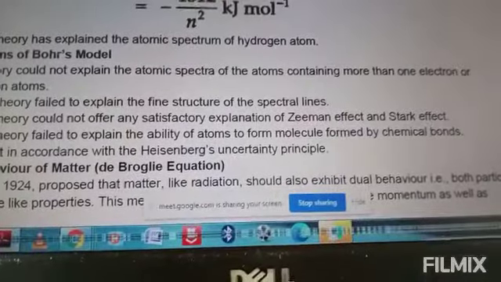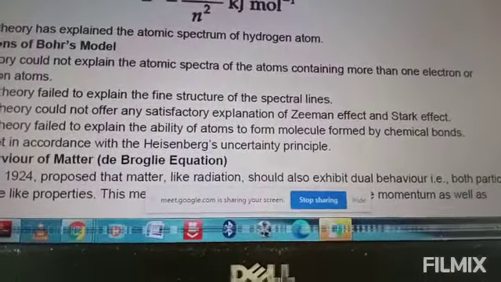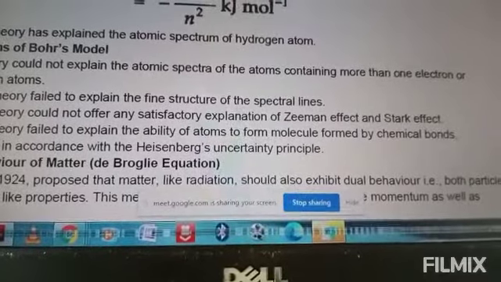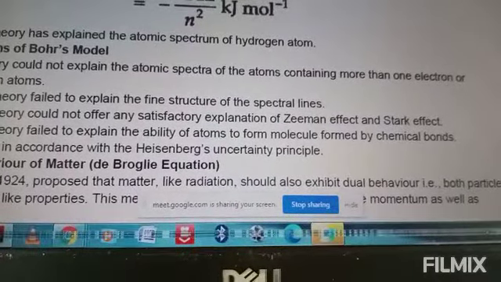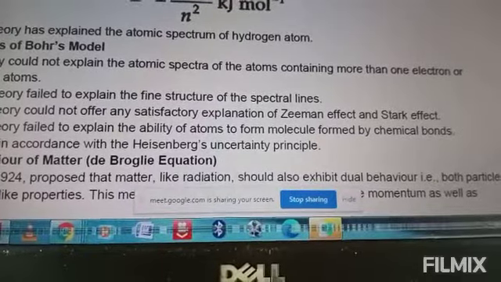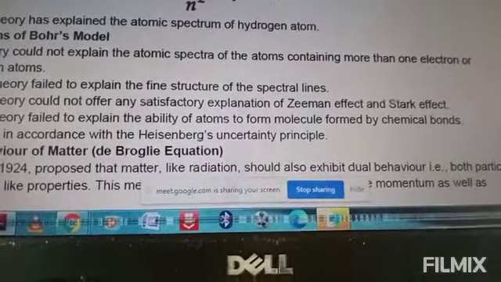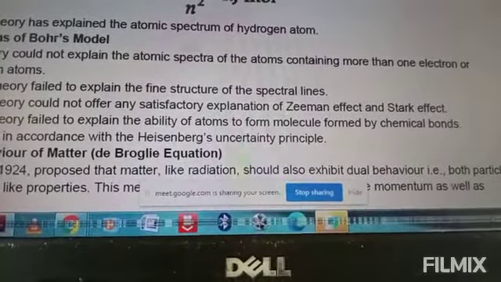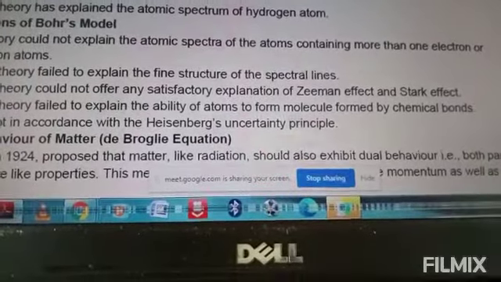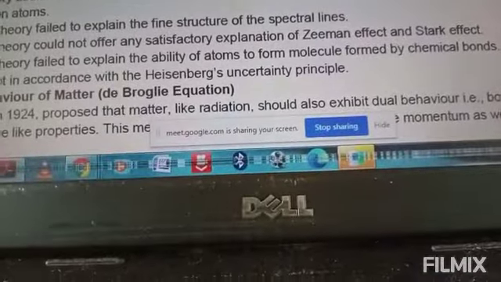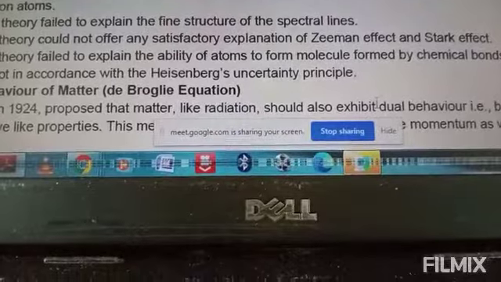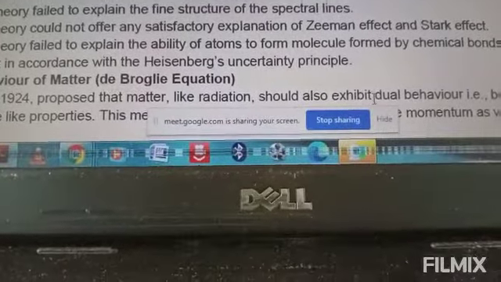So for that you can write it. The splitting of spectral lines in presence of magnetic field is called as Zeeman effect. Z-E-E-M-A-N, Zeeman effect.